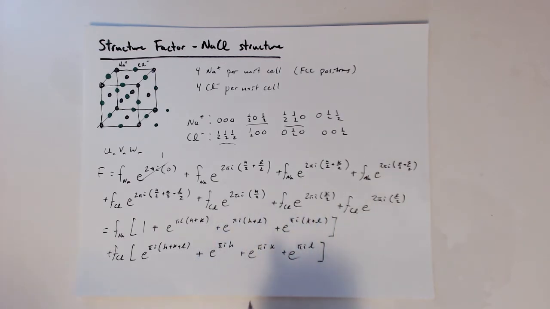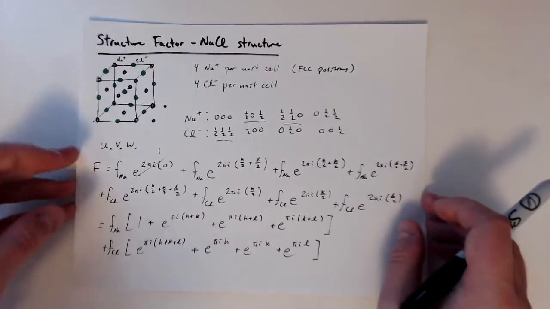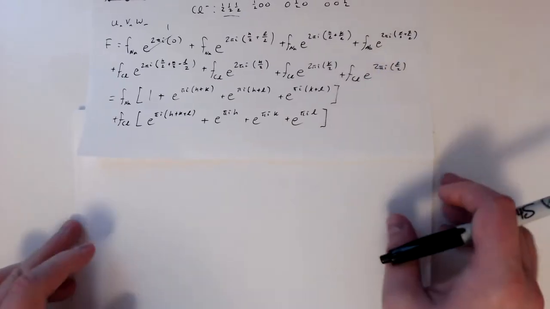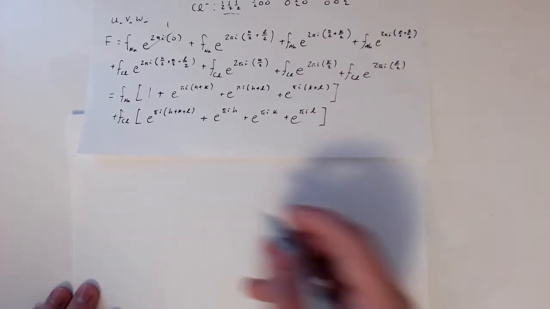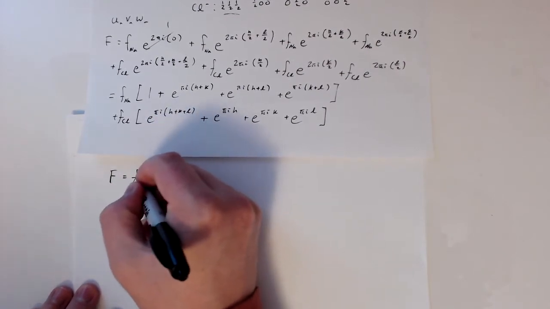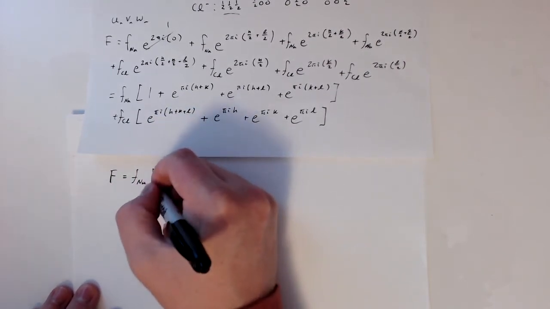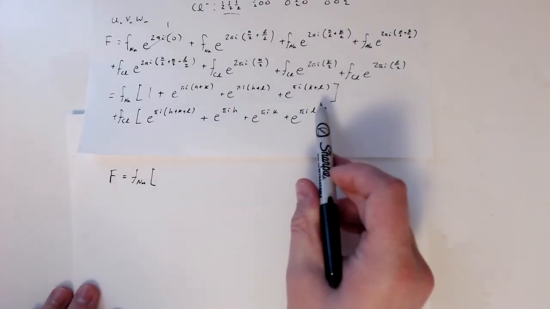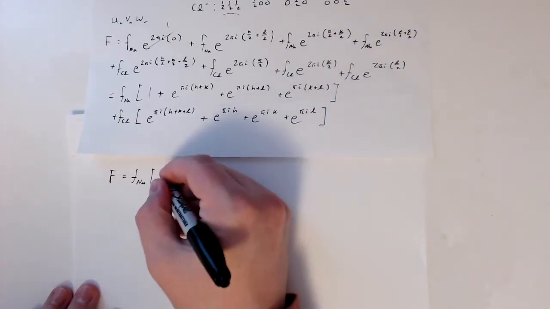And so we can rewrite this, and let me go ahead and do that for you. And I'll put this up here. So we can now write this as, so basically everything will stay the same for sodium.